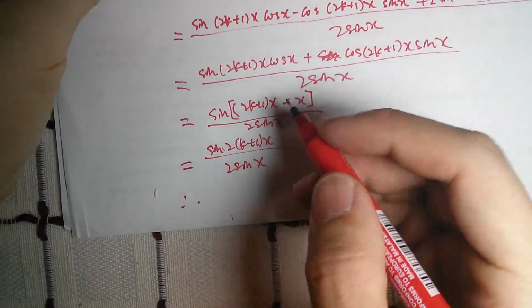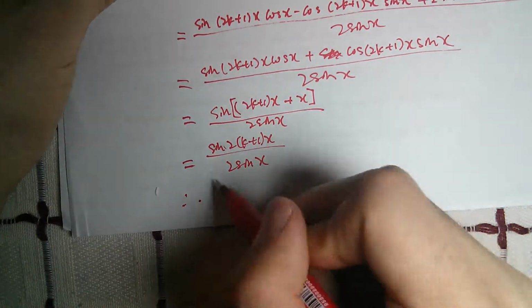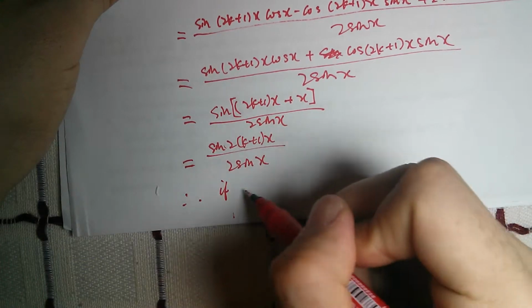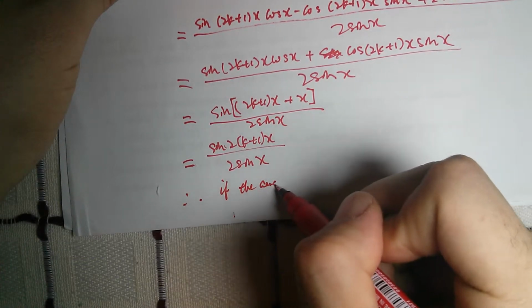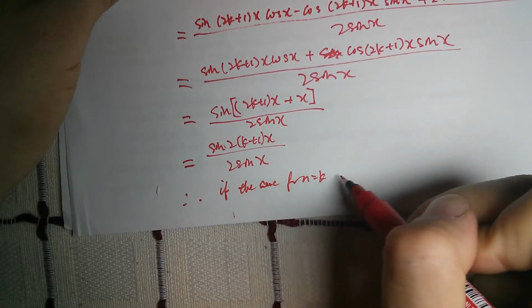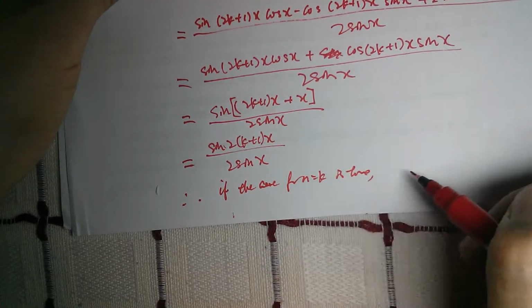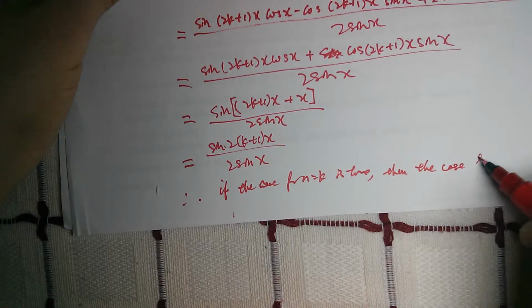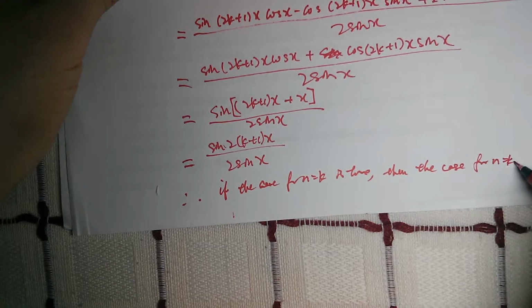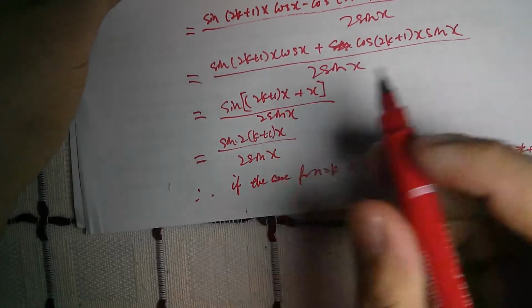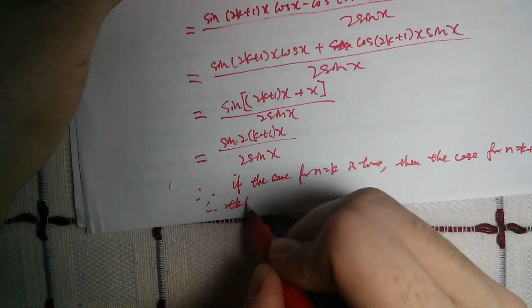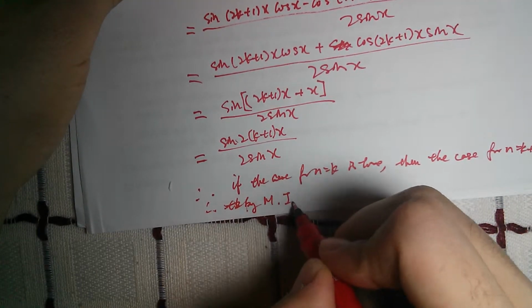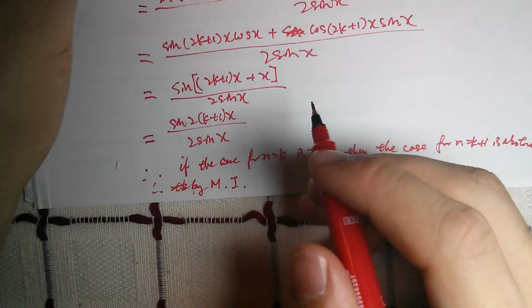You have to write a long passage. Therefore, if the case for n equal to k is true, then the case for n equal to k plus 1 is also true. Therefore, by mathematical induction, you should spell the whole thing out, as MI is not legitimate.